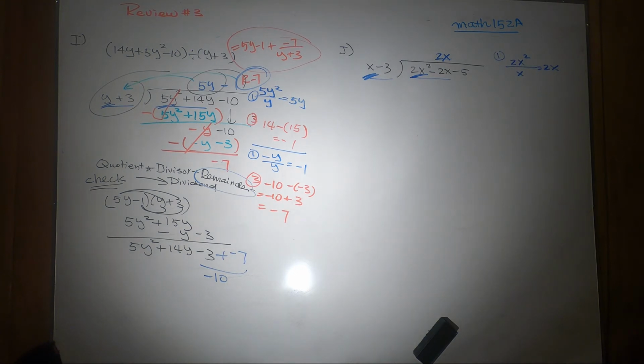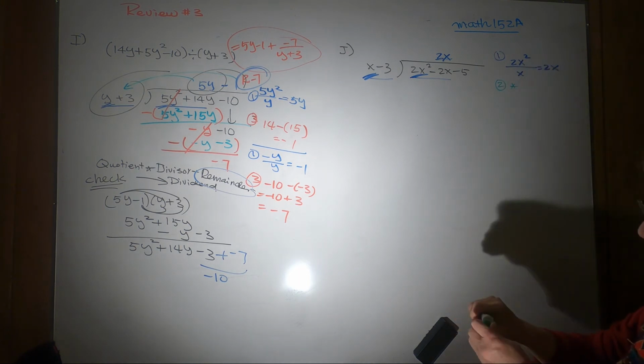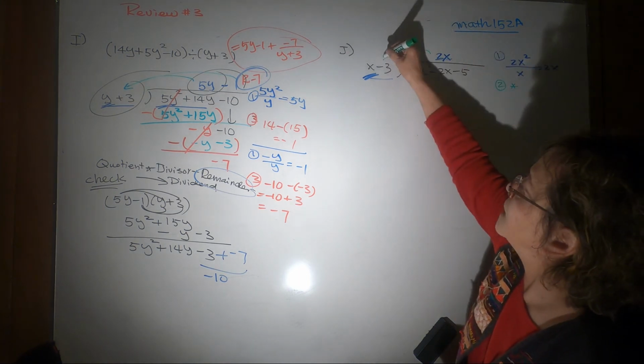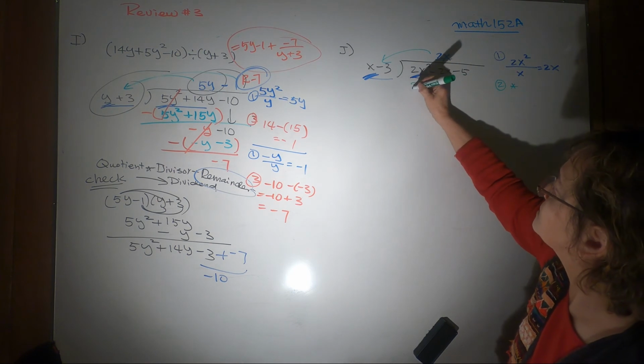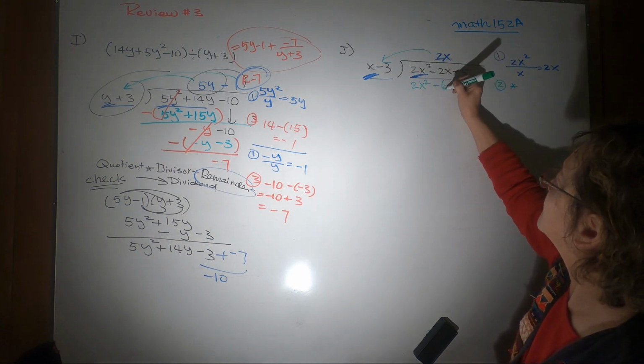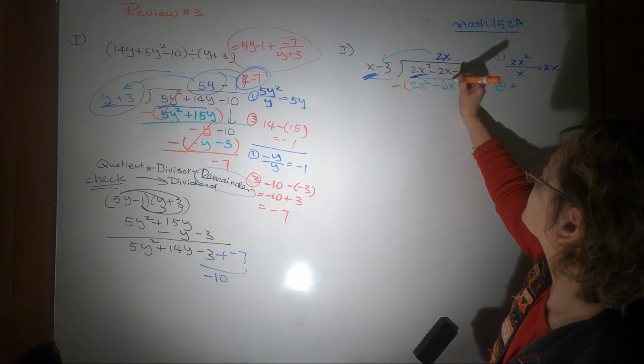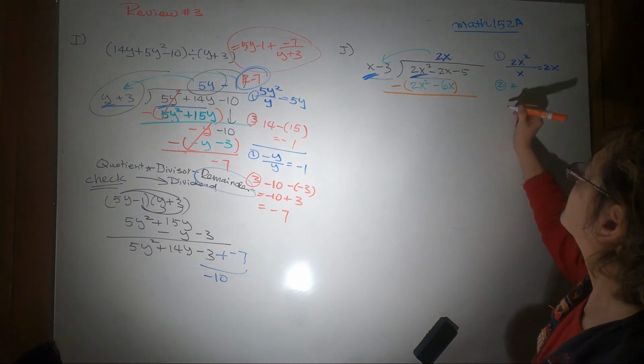Then what do we do? Second step, multiply back, right? Multiply back. 2x times x, 2x squared, 2x times -3, minus 6x. Is that right? Then, what do we do? Subtract, right?